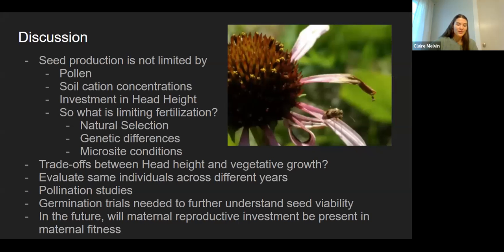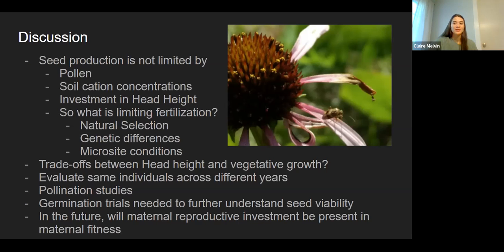And moving forward, this contributes to our understanding of seed production in echinacea. And we already knew it wasn't limited by pollen and soil cation concentrations. So now we understand it's not limited in the vegetative investment of the head height, of the flower.